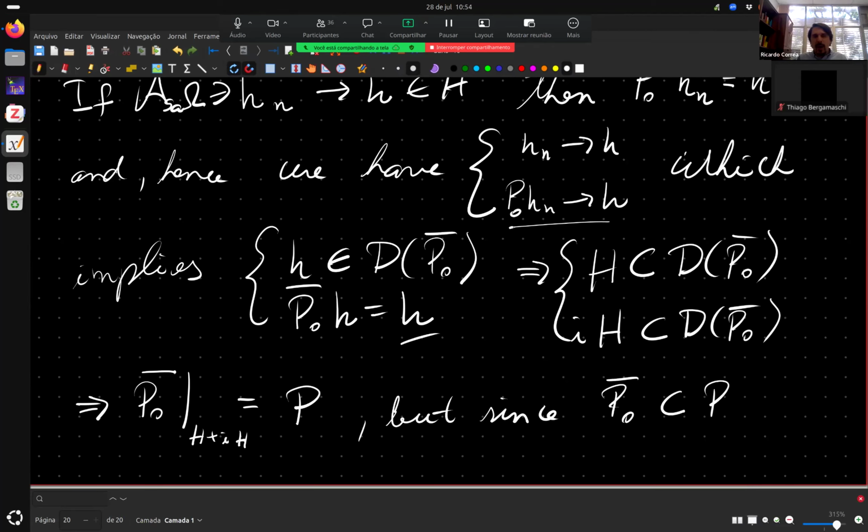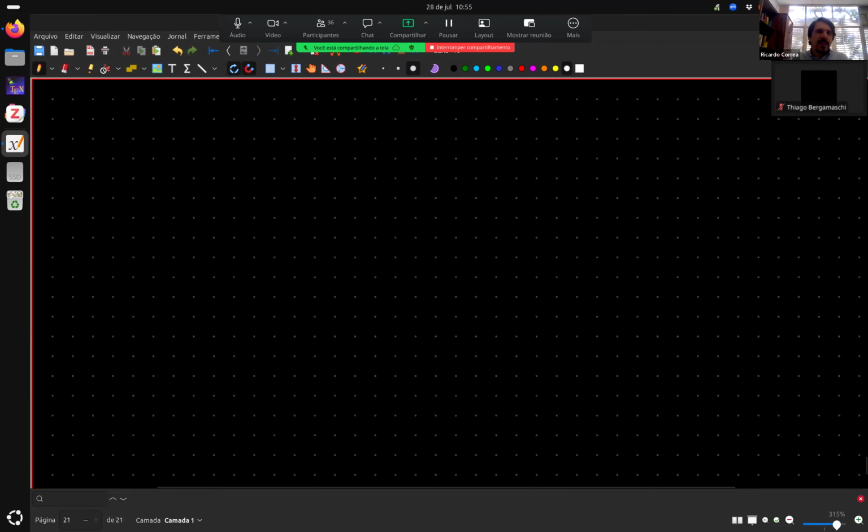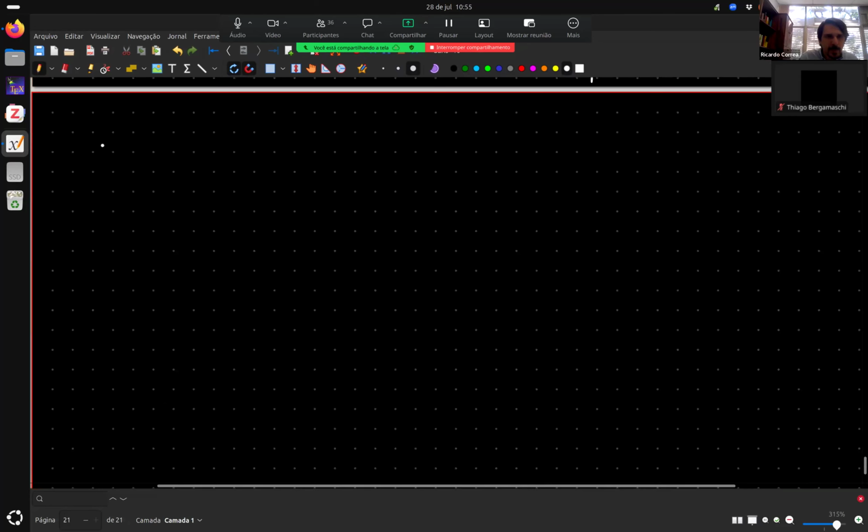P0 bar has to be at least defined on H plus IH, and if you restrict to that space, it does the same thing as the original projection P. But P was already an extension of P0, which was closed, and since the closure is the smallest closed extension, they should be the same. So what I learned is that I know exactly what the closure of S0 is.